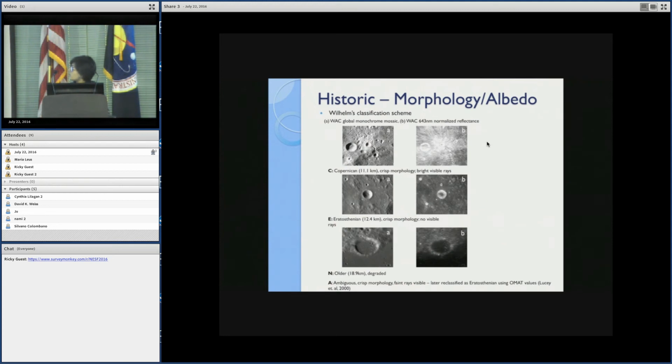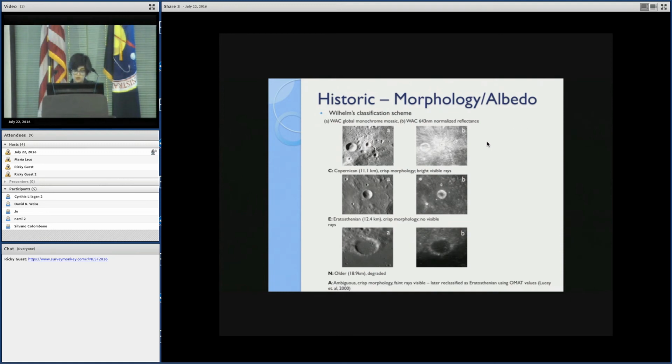In order for a crater to be classified into the Copernican category, it needs to exhibit crisp morphology and bright visible rays. Craters that exhibit crisp morphology but no visible rays were placed into the Eratosthenian category, and craters that were older or degraded were placed in the older category.